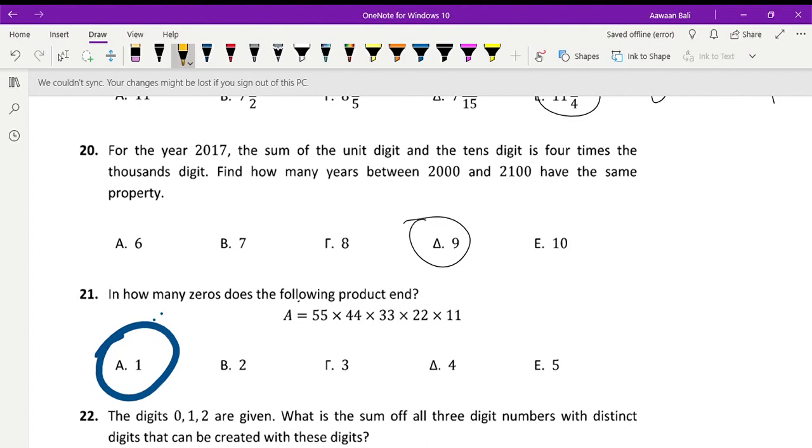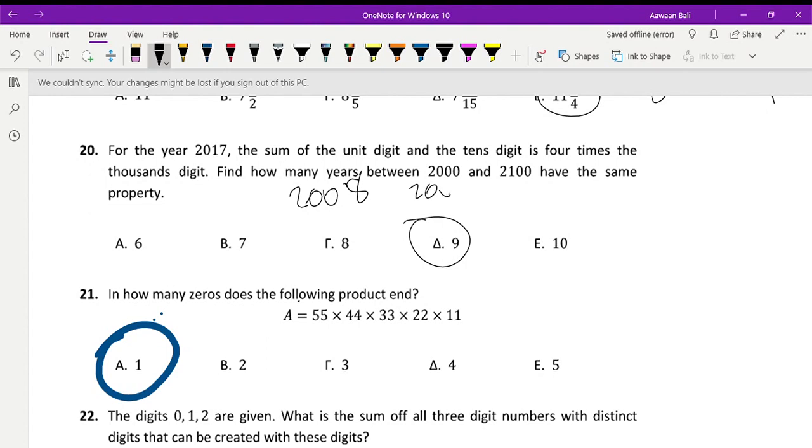The thousandth digit is 2, which means the sum has to be 8 always, since 2 times 4 is 8. And this is also one of the years in between 2000 to 2100. So that means basically we can say 2008 first, and then we can just go through the sums of 8.